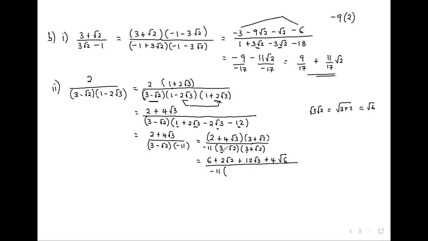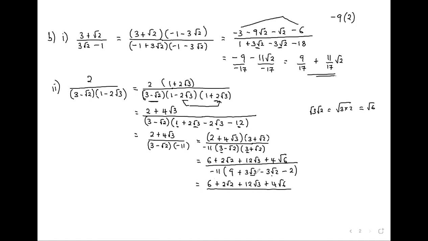And then 3 times 3, we get 9, 3 times root 2, minus 3 times root 2, minus 2, then 6. So now just write 2 root 2. There's nothing to be simplified on top here. Plus 4 root 6.